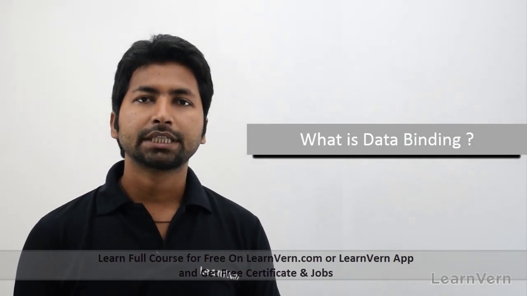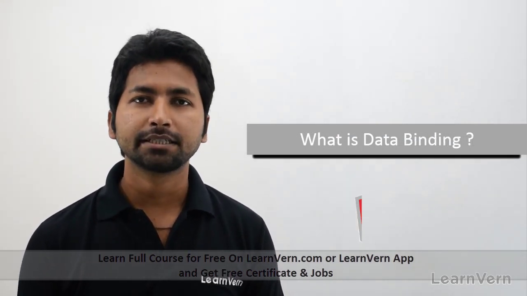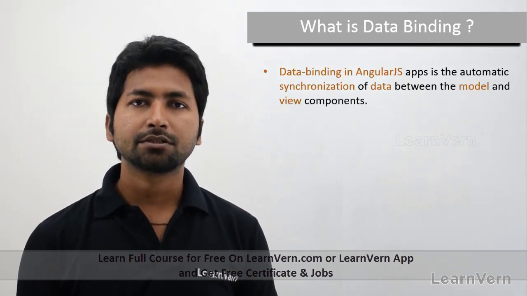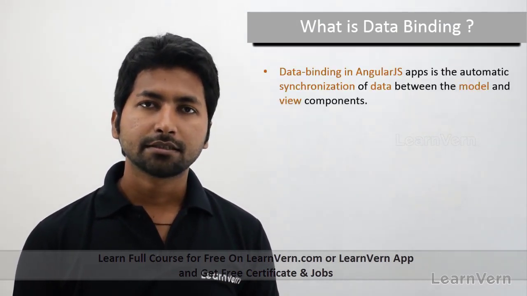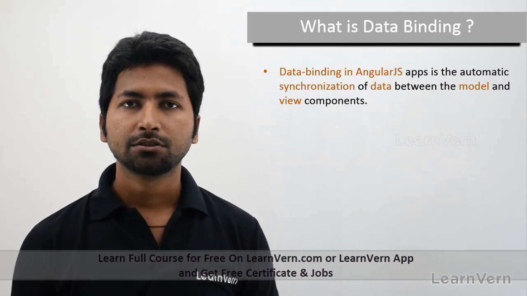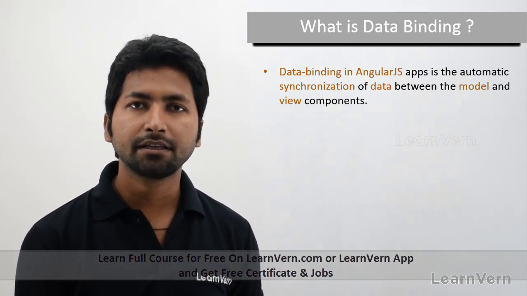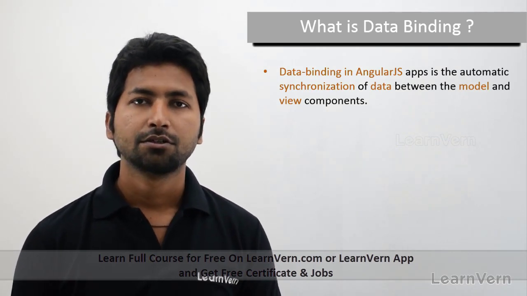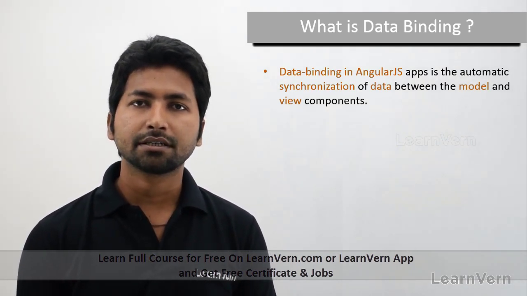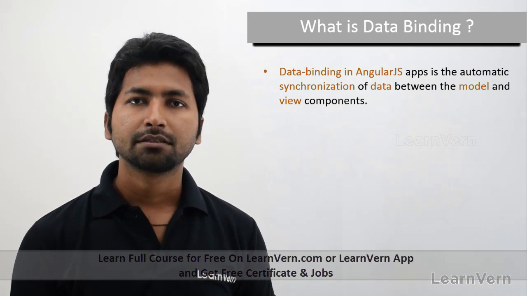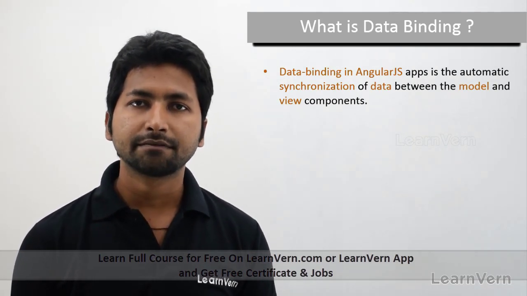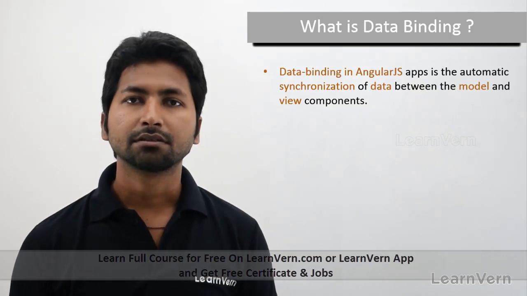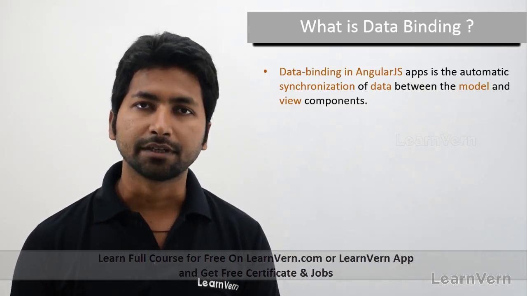So let's move to data binding. What is data binding in AngularJS? Data binding enables you to access your variable throughout your HTML file and your script file, that is your JS file. So whenever you make changes in any of them, you can easily get the updated value in your HTML as well as in your model, which is written in the JavaScript file.